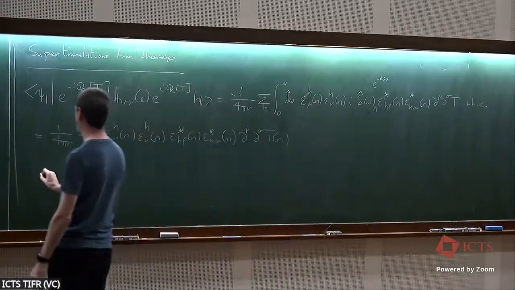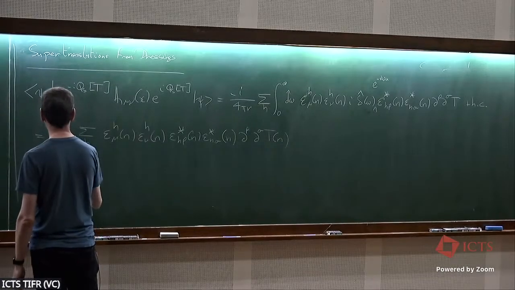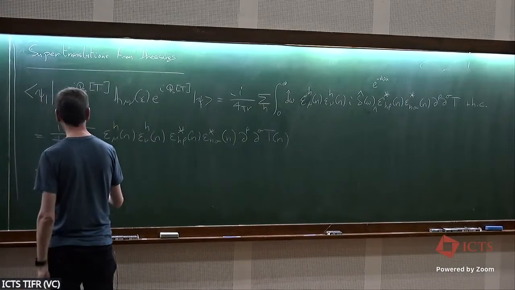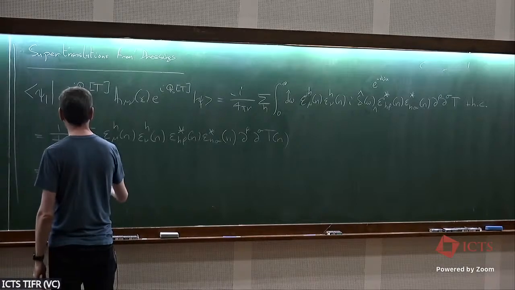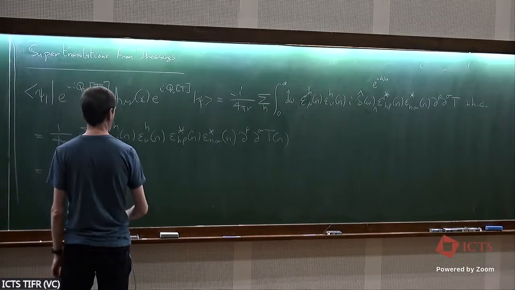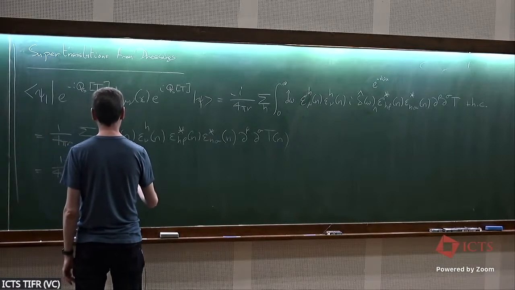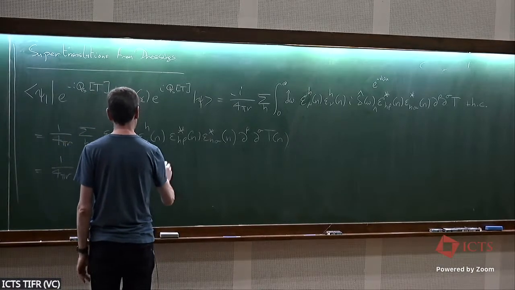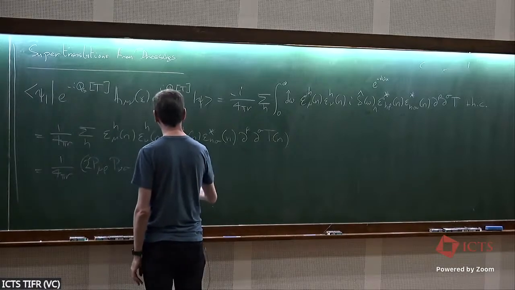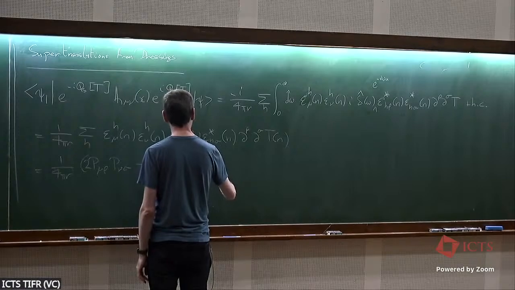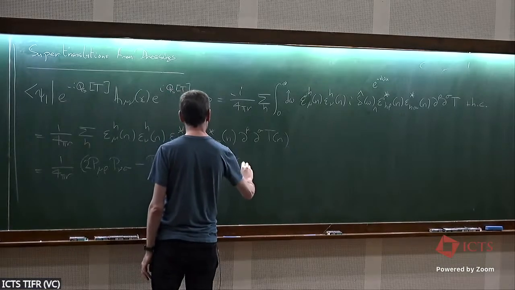So we will get 1 over 4 pi r, 2 P mu rho P nu sigma minus P mu nu P rho sigma, d rho d sigma t.